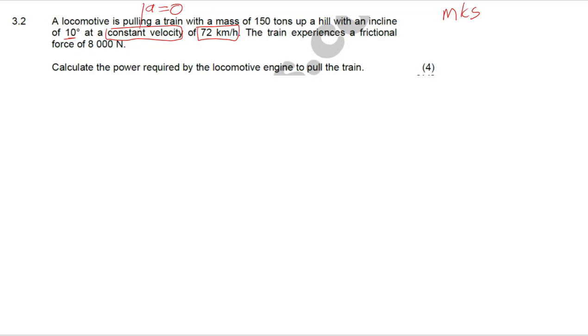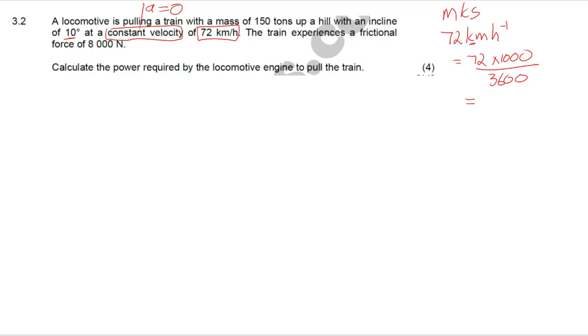So first things first, let's convert all units. Then we will do a drawing, and then we will do the calculation. So let's convert: 72 kilometers per hour is equal to 72 times 1,000, because kilo means 1,000, divided by per hour, and I want it in seconds, so it's 60 seconds in a minute, 60 minutes in an hour. 60 times 60 is 3,600.